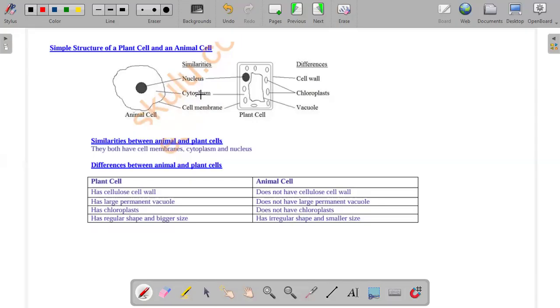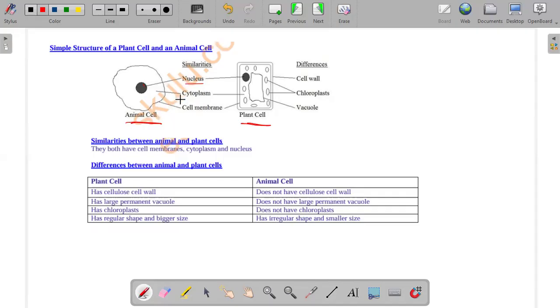Both the animal and the plant cell have certain similarities. On my left here, you have this animal cell, and on the other side you have the plant cell. The similarities are that since they are all eukaryotic cells, they have a nucleus. This black circle here is representing the nucleus.